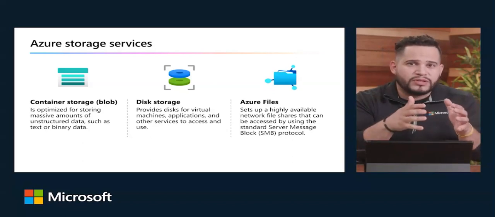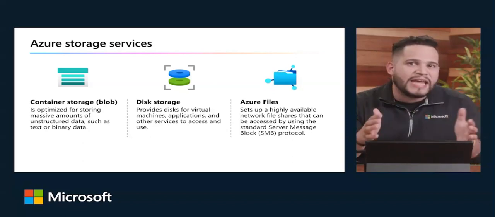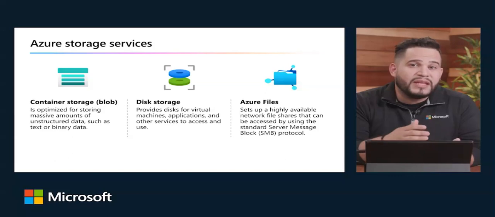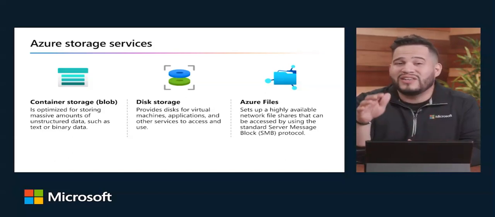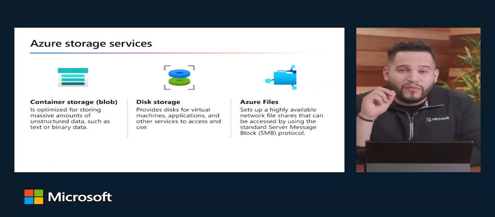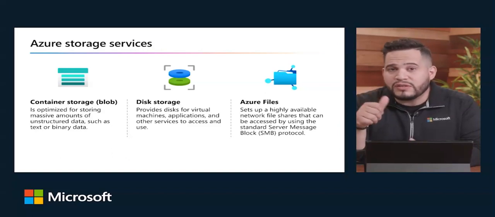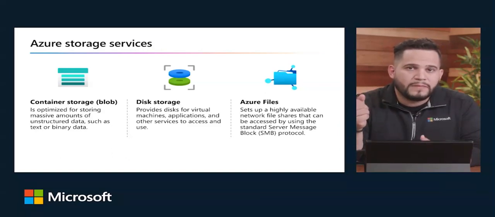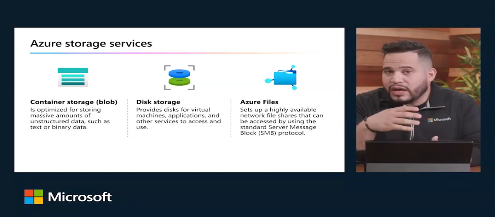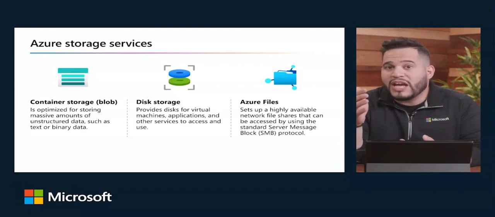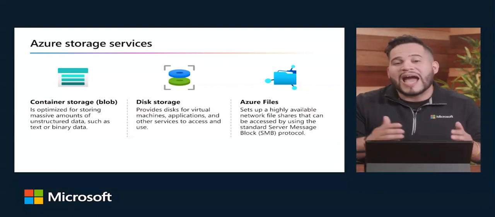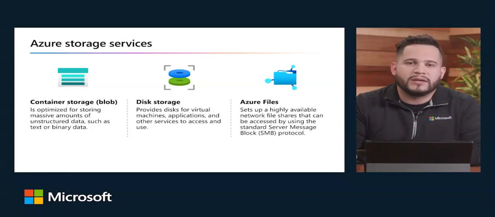And with blob storage, or blob container storage, this is something that we see used every single day. This is used frequently for hosting images on a public website, because you can upload your own image and host it to your website, and you can choose whether or not it can be accessed from the public internet.